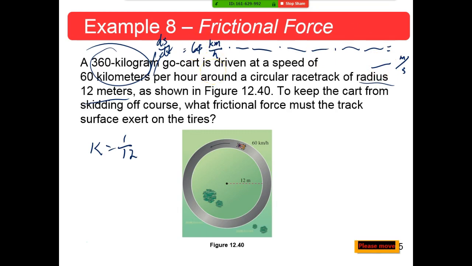My mantra is always put the units in their place. Don't worry about numbers yet, always put the units in the place. So you decide, do you want to convert kilometers to meters first, or do you want to convert hours to seconds, or maybe something in between? You choose what you want to do first. It doesn't really matter.